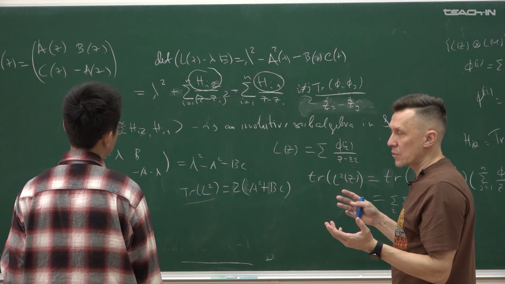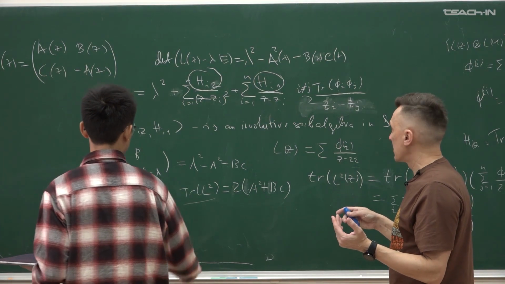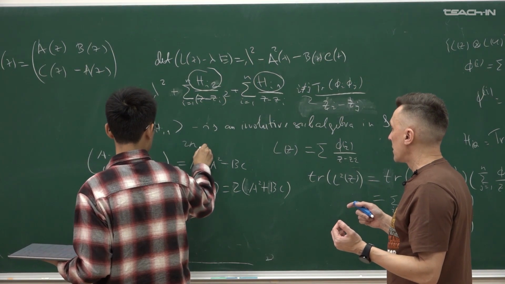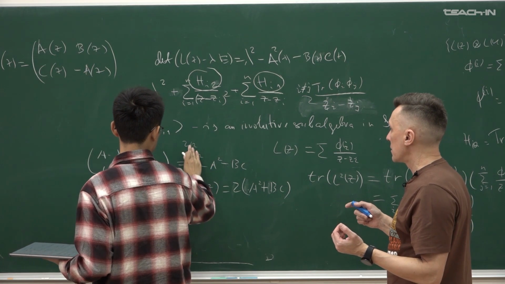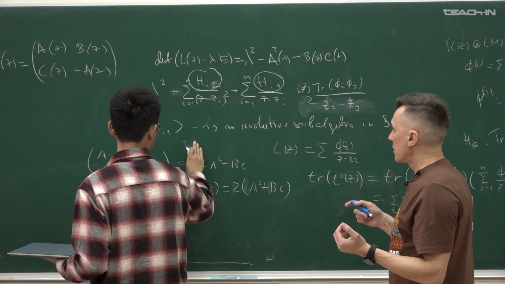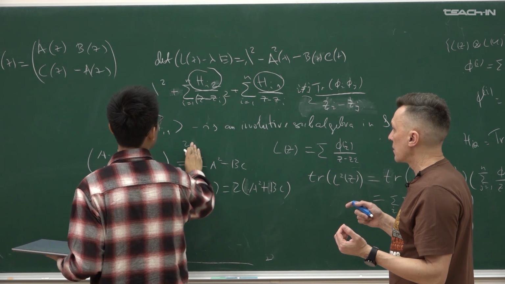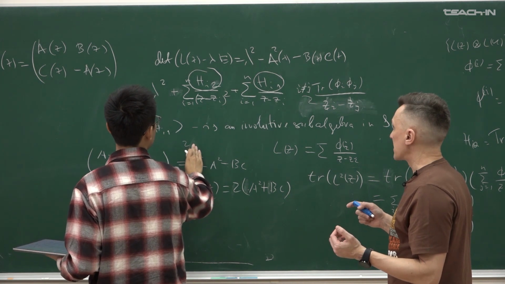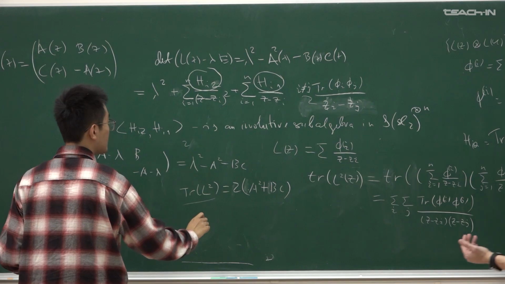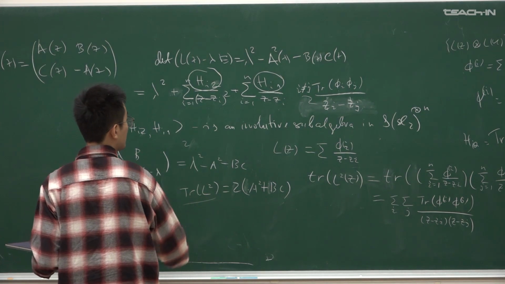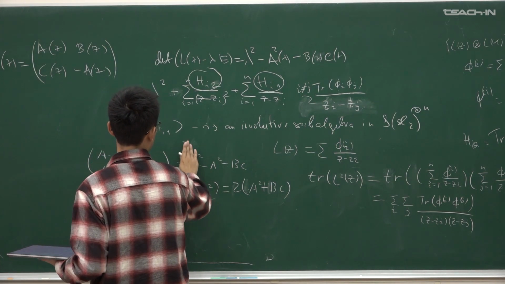What is the dimension of our phase space? How many variables do we have at the beginning?